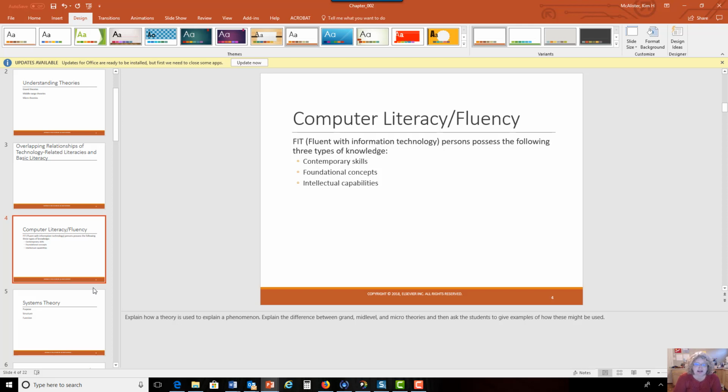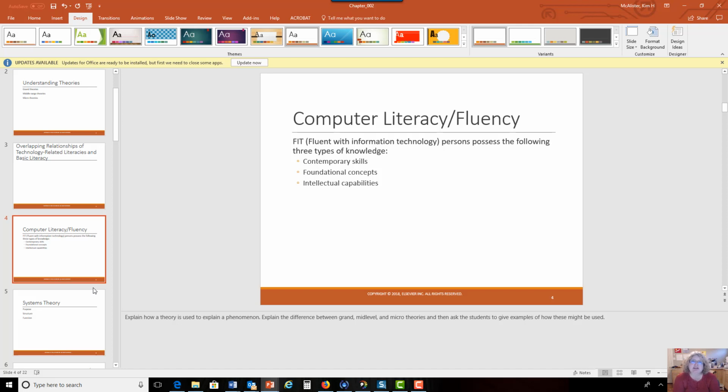Digital literacy, we don't really see that on the slide, but I wanted to include some information about digital literacy. There's not really an accepted definition like there is of the other types of literacy, but basically it's the ability to find, to locate, to understand and evaluate and create communication and communicate digital information to other people.